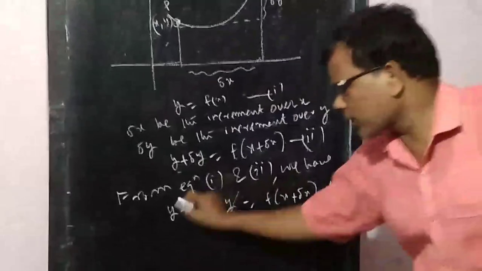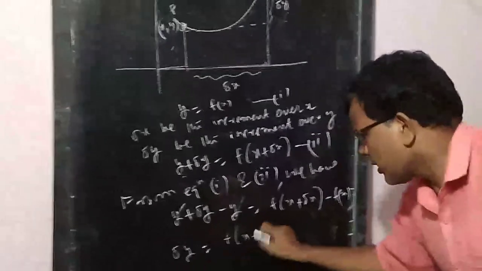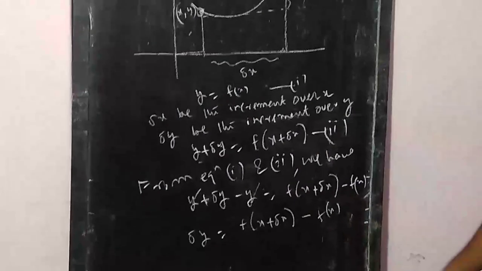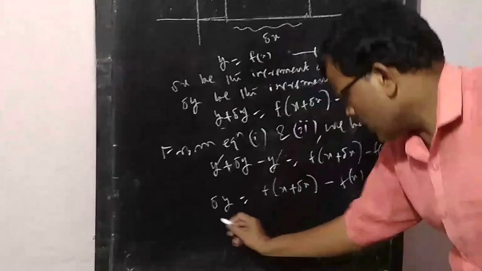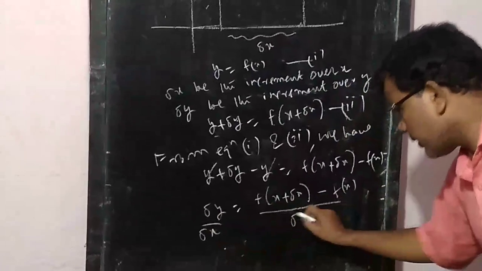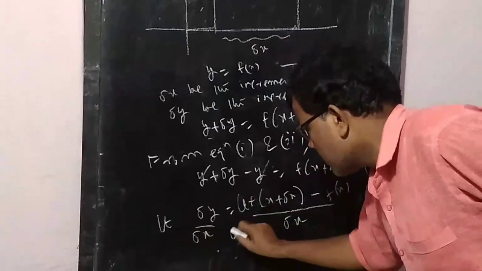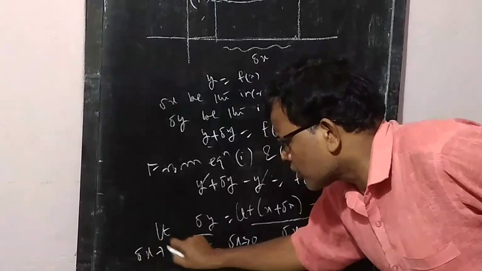Here y and y cancel, and we have del y is equal to f(x plus del x) minus f(x). Next we divide by delta x on both sides, and taking the limit as delta x tends to 0.